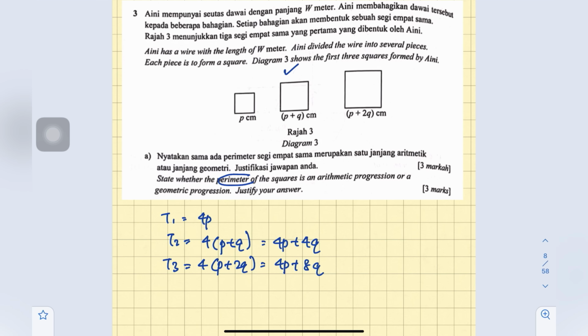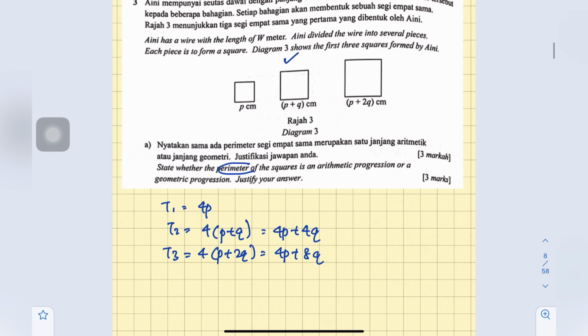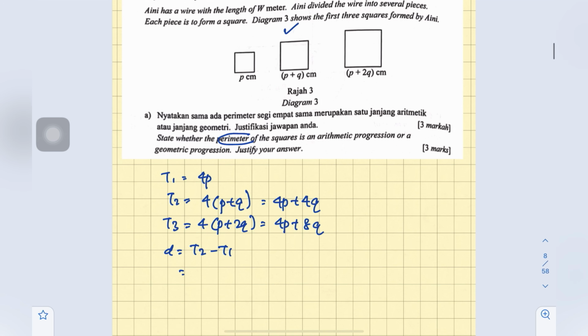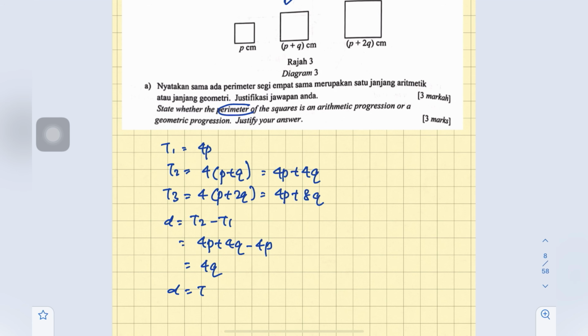Okay, let's start find the common difference. So D is, let's say, T2 minus T1. Okay, so this one equals to 4P plus 4Q minus 4P equals to 4Q.